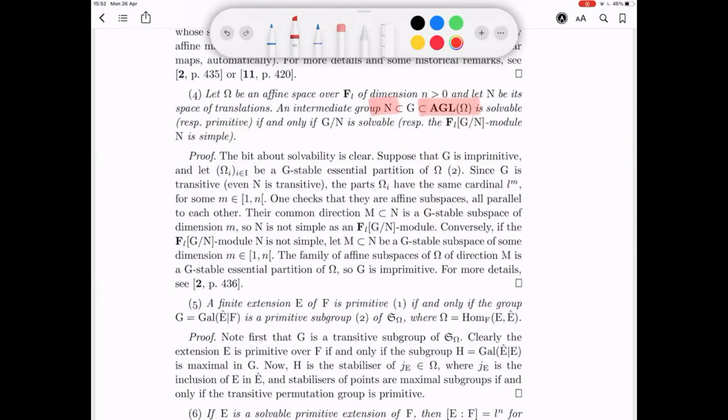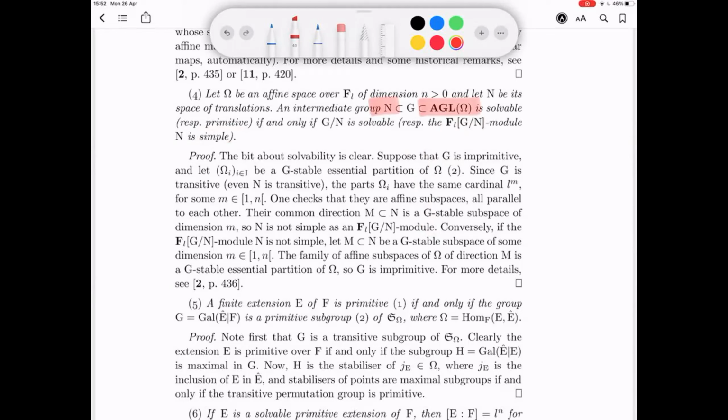Now, there are two subspaces of V which are stable under the action of H, namely the whole of V and just the origin, the zero-dimensional subspace and the n-dimensional subspace where n is the dimension of V. These two are always stable under the action of H.